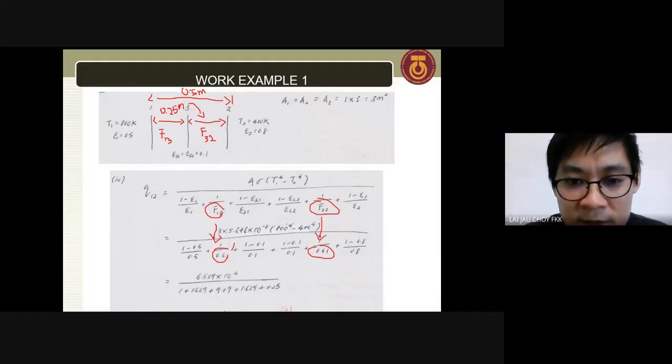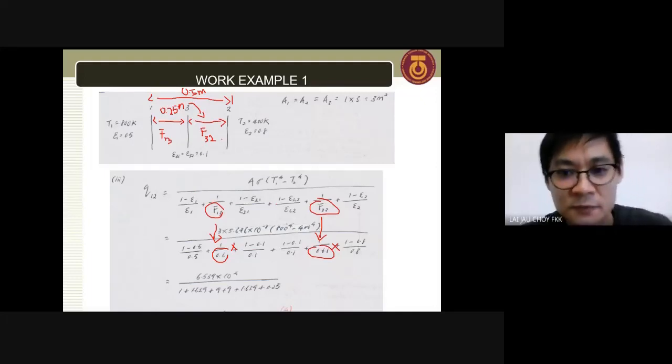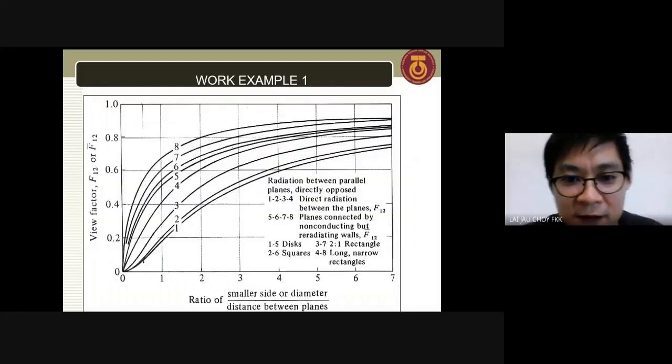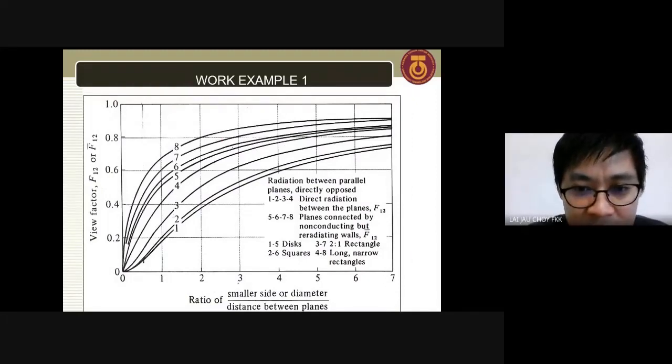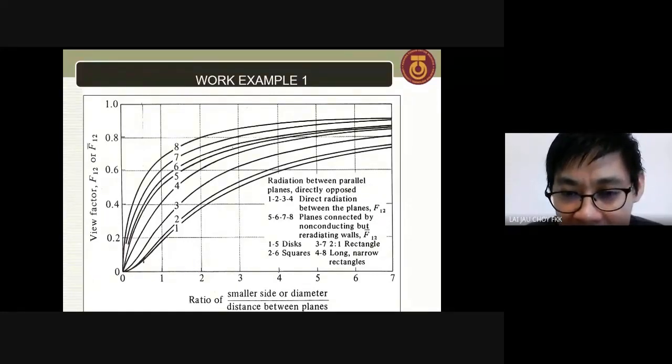So 0.61 is wrong because now the distance between them has been halved. When you use this graph, instead of 2, here it should be 4.